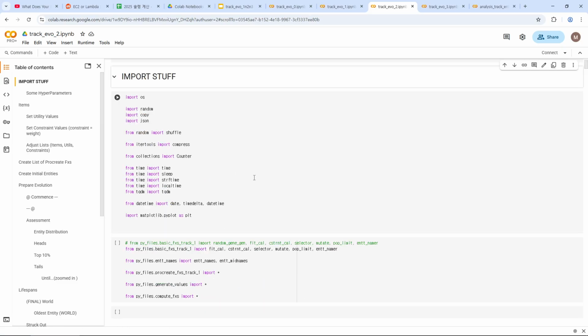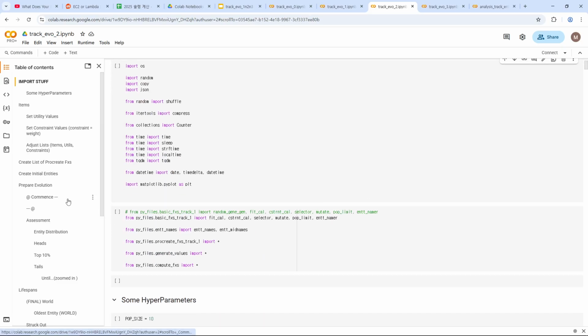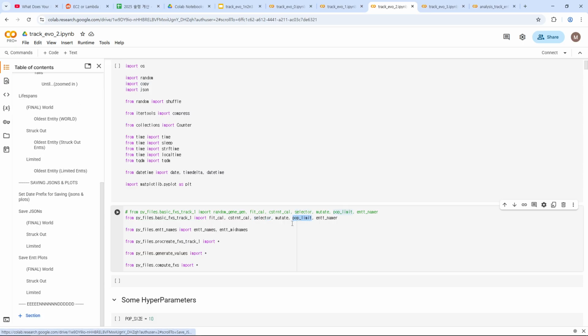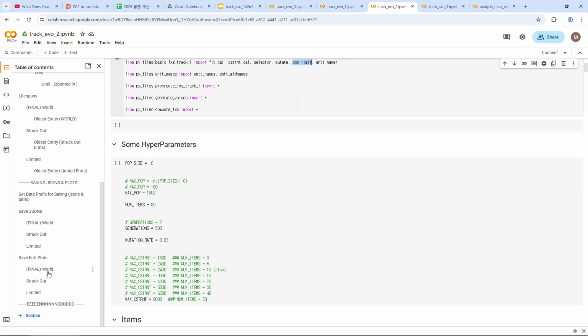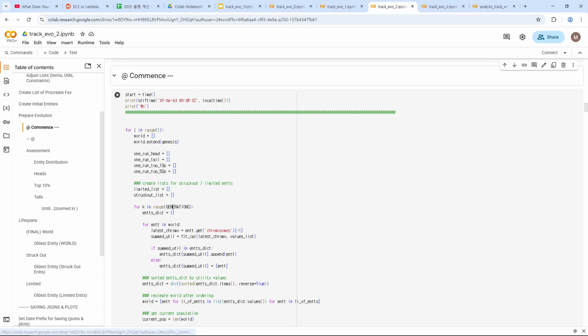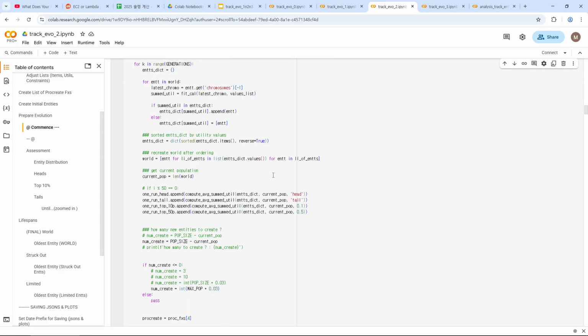I also had to make some changes to the selector function and the pop limit function, so that when something is either struck out or limited out of the population, these two functions would take those entities out of the world, which is a list, and put them into the according list, which is either the limited list or the struck out list.